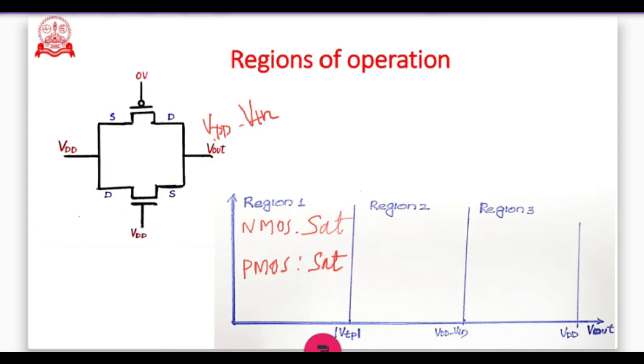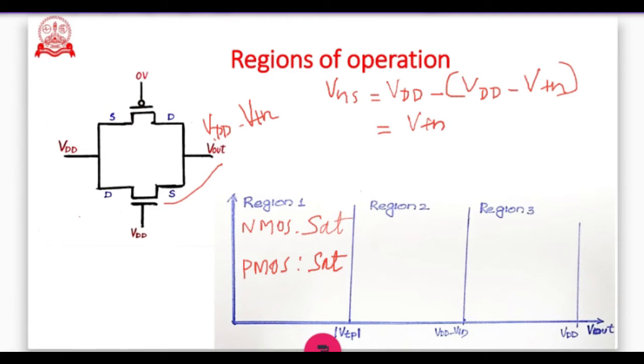As earlier, we analyze NMOS first. VGS is equal to VDD minus VDD plus VTN, so VGS is equal to VTN hence it is on.